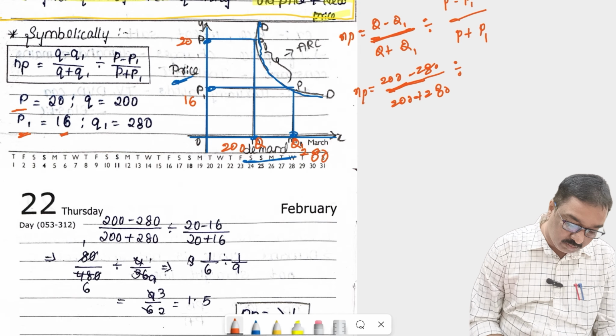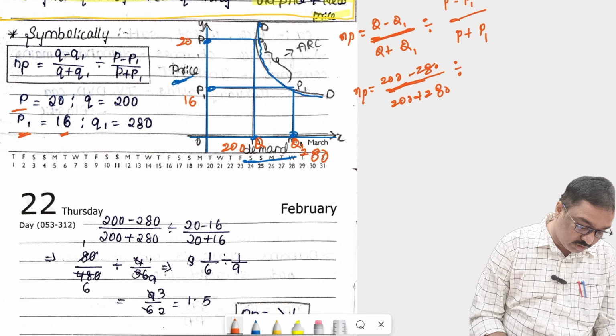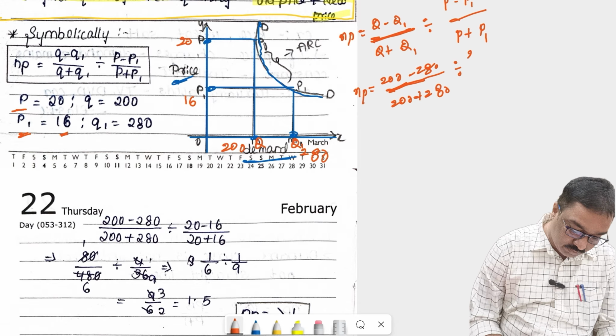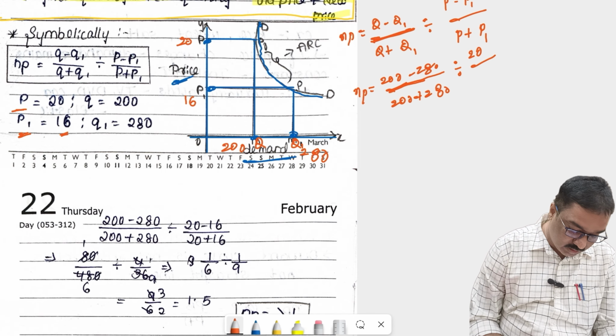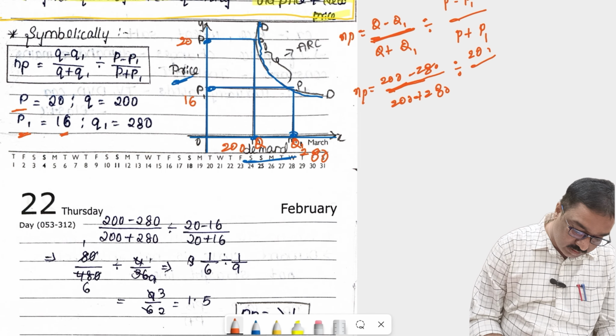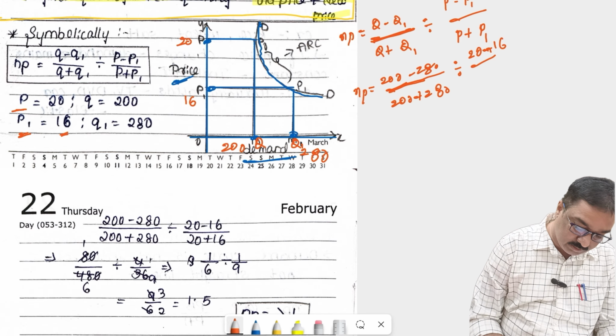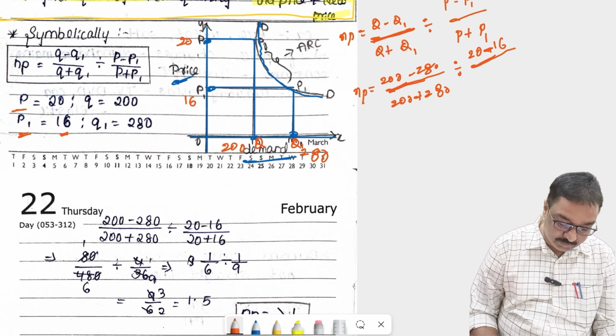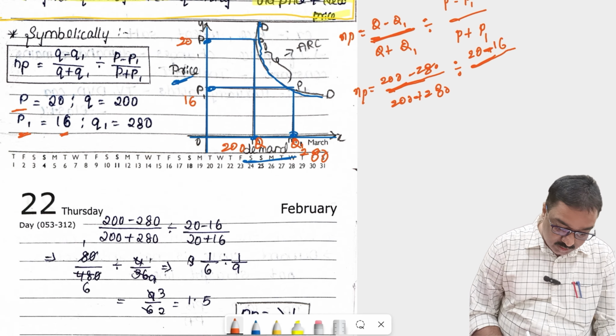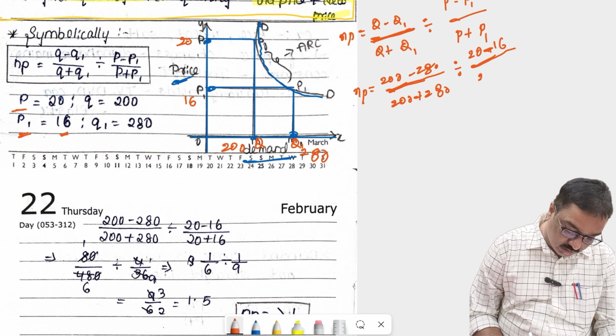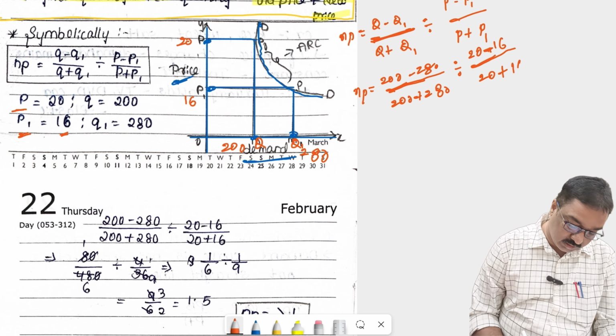divided by P minus P1, where P is 20 and P1 is 16, so 20 minus 16, divided by P plus P1, 20 plus 16.